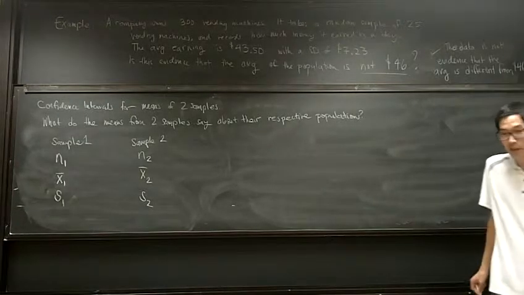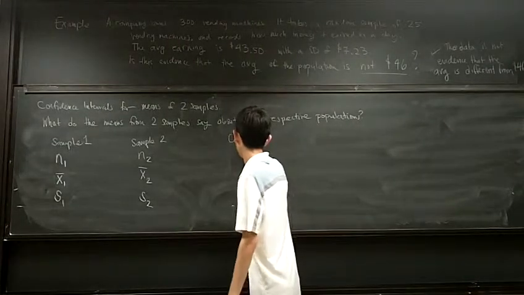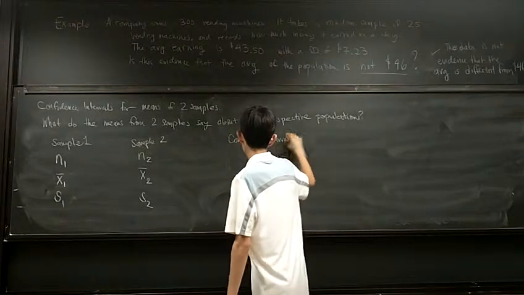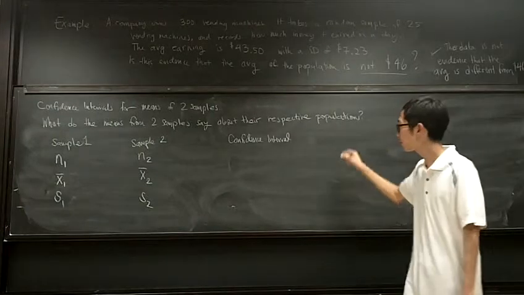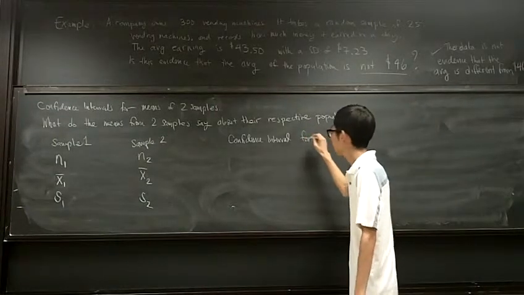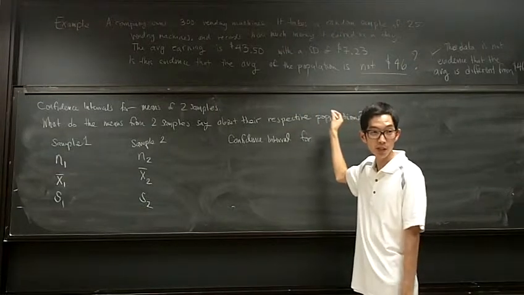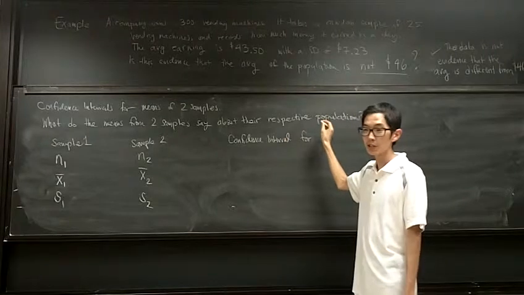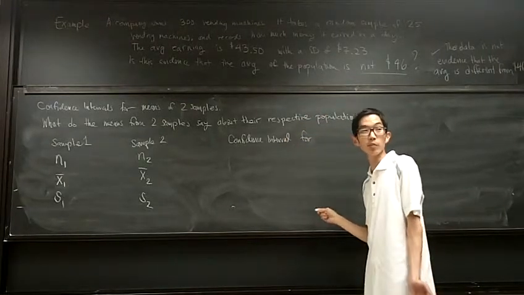And so now we make the confidence interval. When we made it for 1 sample, it was for the population mean mu, right? Now that we have 2 samples, we have 2 populations, and each population has their own respective mean mu.